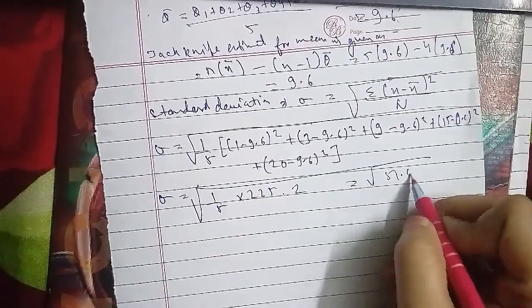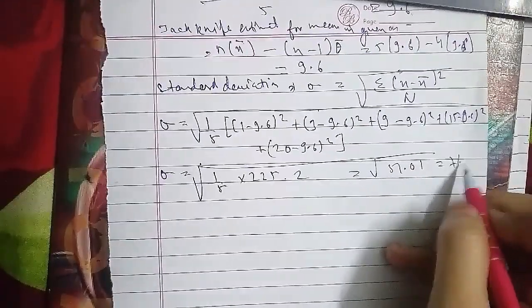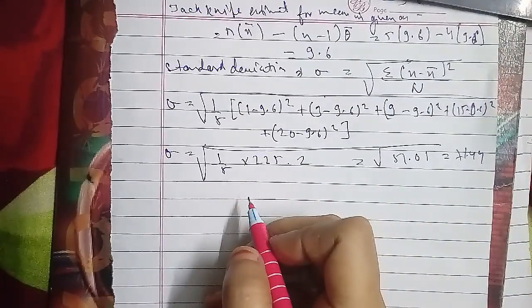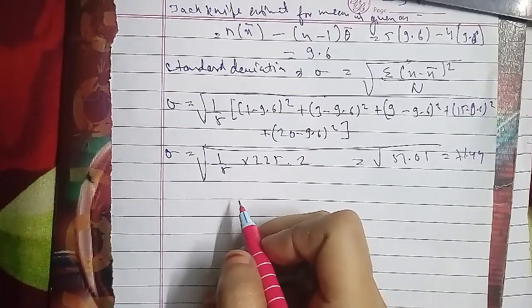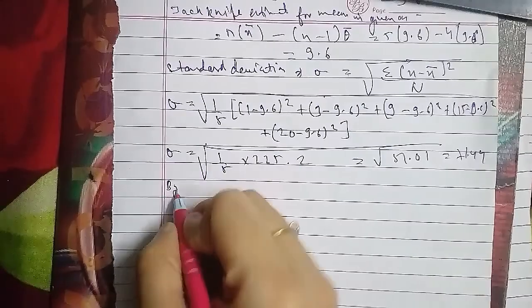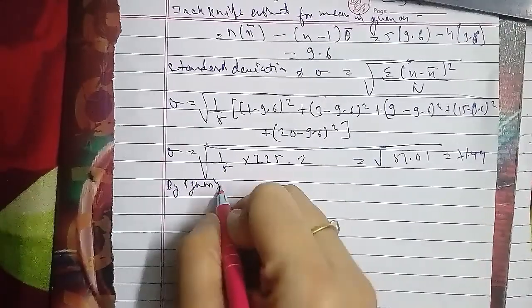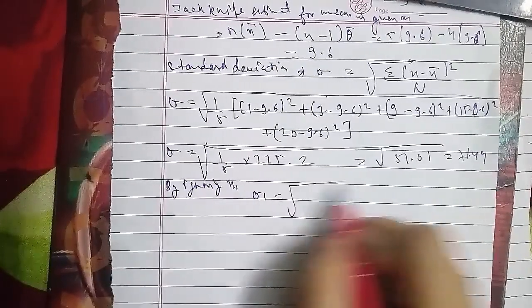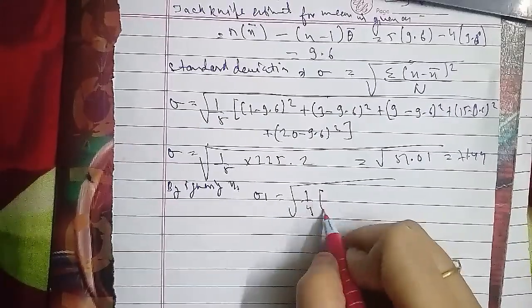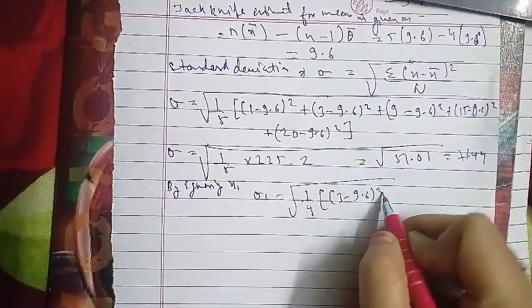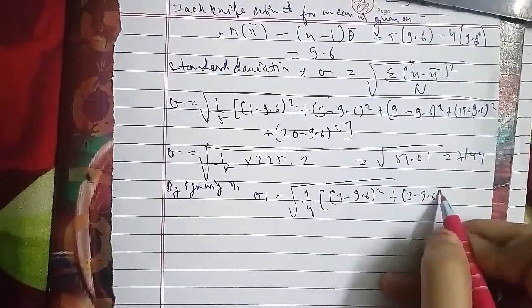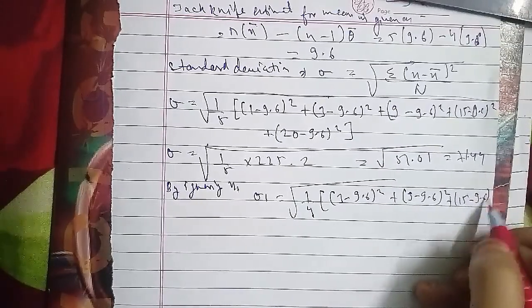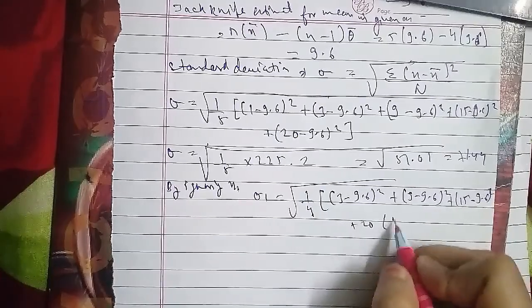Now we'll ignore x2. So for ignoring x2, which is sigma 2 here, it is equal to 1 upon 4 of (1 minus 9.6) square plus (9 minus 9.6) square plus (15 minus 9.6) square plus (20 minus 9.6) square, then we'll get sigma 2 equals 1 upon 4 into 211.64, which is 52.91, equal to 7.27.